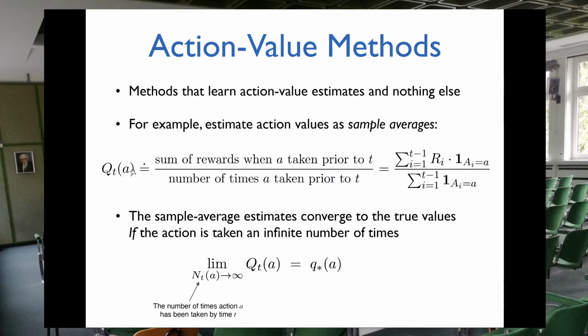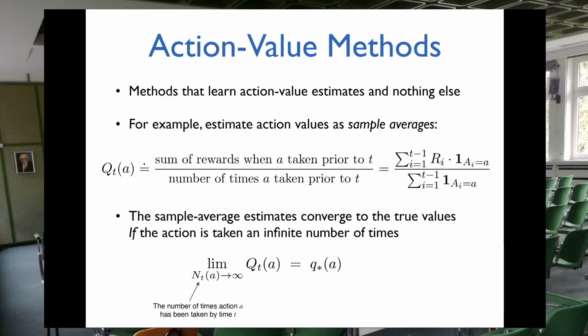So one idea would be simply to compute the average. For example, suppose that we're talking about action 1. What this expression is telling you is simply to compute the average of the rewards that you got after executing action A. Just sum all the rewards that you get with action A and divide that sum by the number of times that you have executed that action.